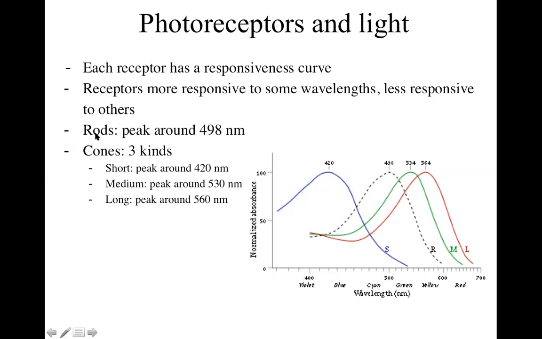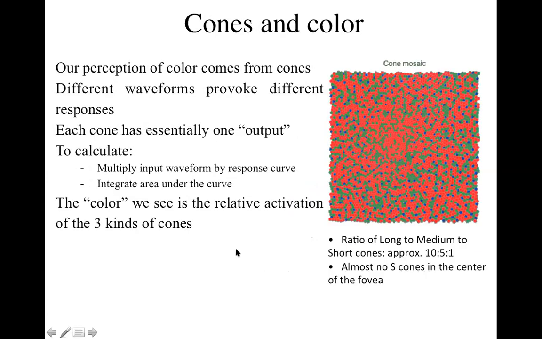Rods, which are responsible for night vision and black and white stimuli, have a peak around 498 nanometers. Now, the number of cones in the fovea is not exactly the same.